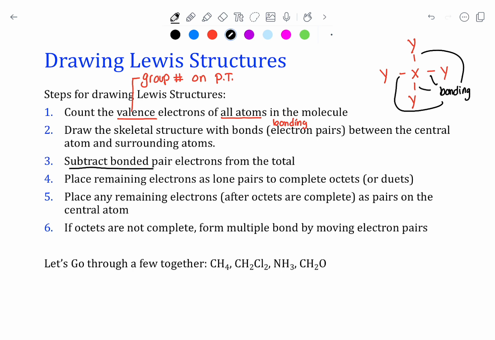And we're distributing them first as bonds, and then we're going to distribute the rest as lone pairs. So our next step after we subtract the bonded electrons from the total number of electrons is we're going to place any remaining electrons as lone pairs to complete octets, and that should be specific to our surrounding atoms.